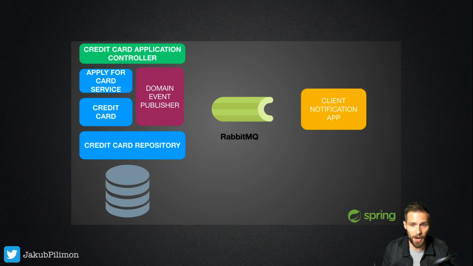Plus there is some domain event publisher or integration event publisher, which publishes events to some sort of message broker. In this case, let's choose RabbitMQ, and we have a bunch of other applications. For now, just one of those, client notification, which subscribes to some messages and tries to do something with those.